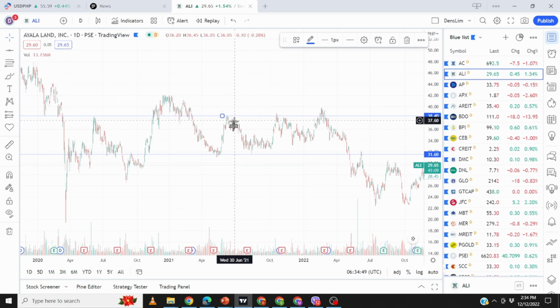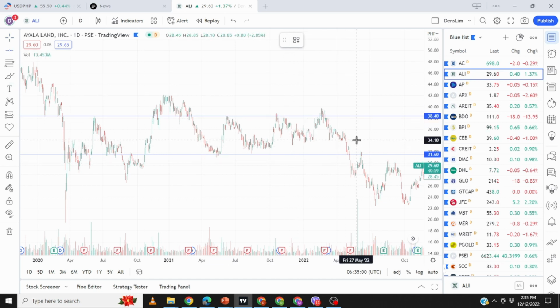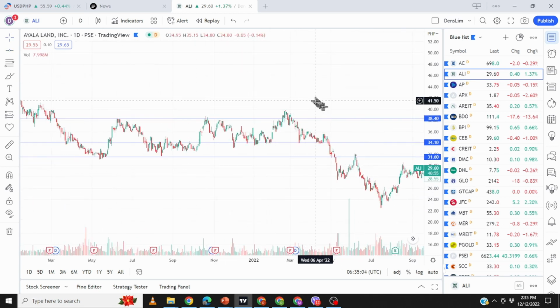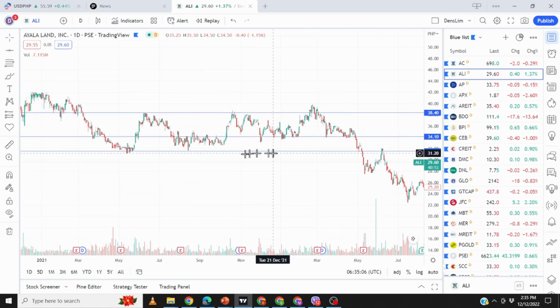So if it doesn't break through resistance or support, it is just going to trade in that range, right? There's a different support level here already for 2022 and 2021. See, you can actually trade this range, no?